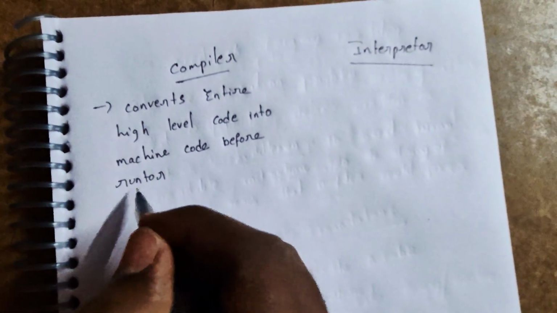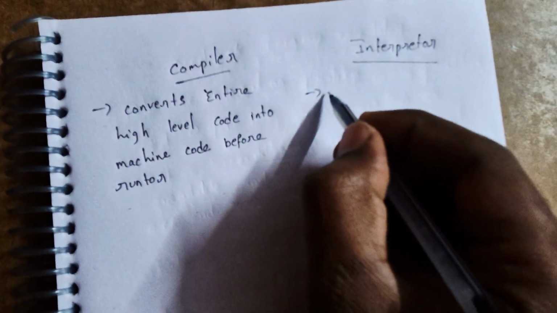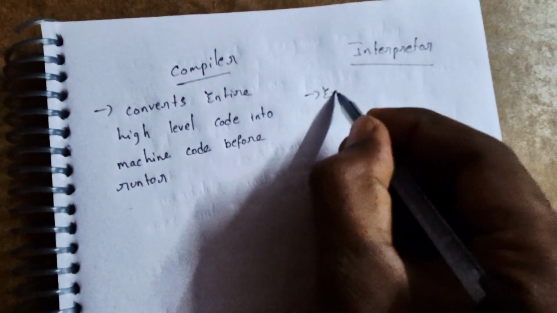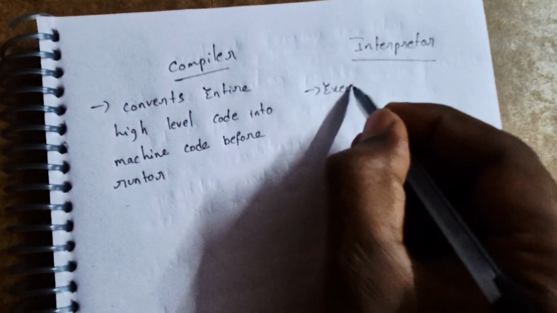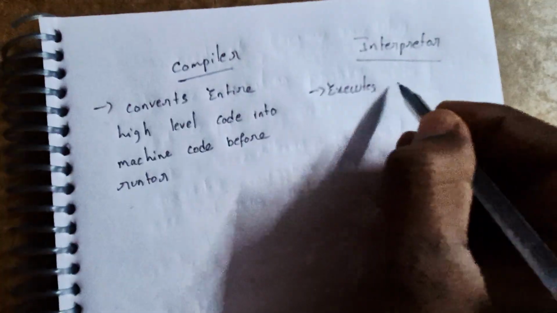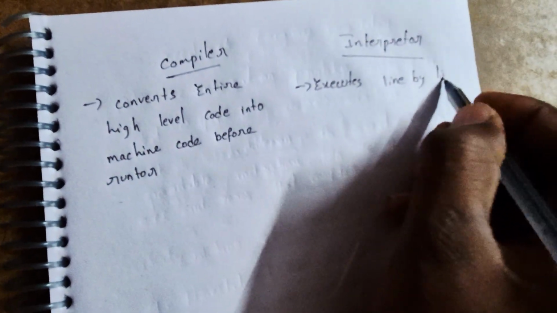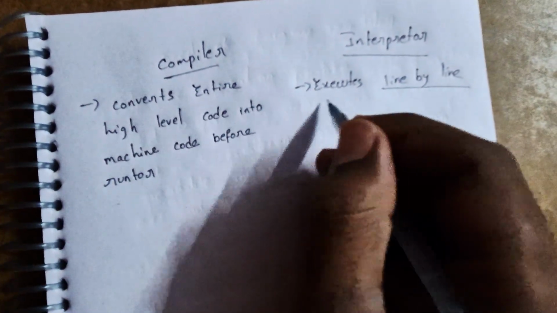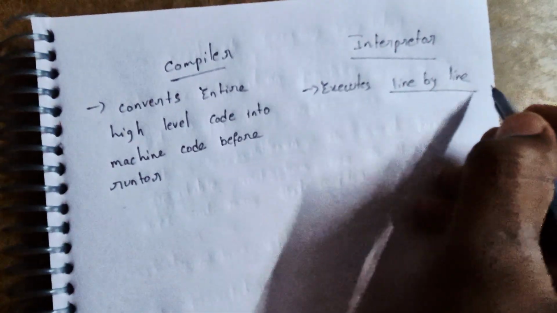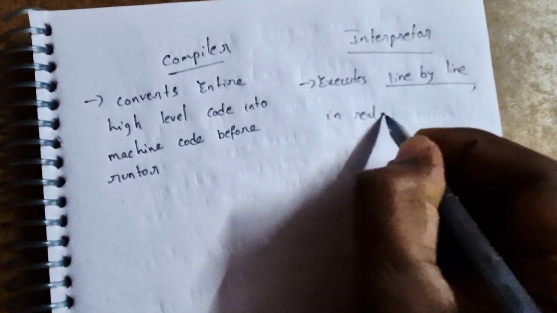This is what we discuss here, right? And interpreter executes line by line. The compiler converts, and the interpreter executes line by line in real time.